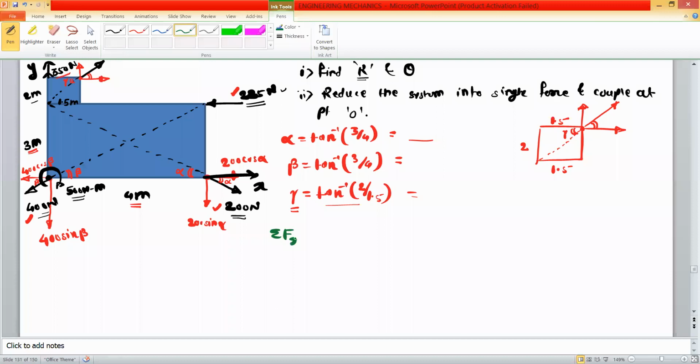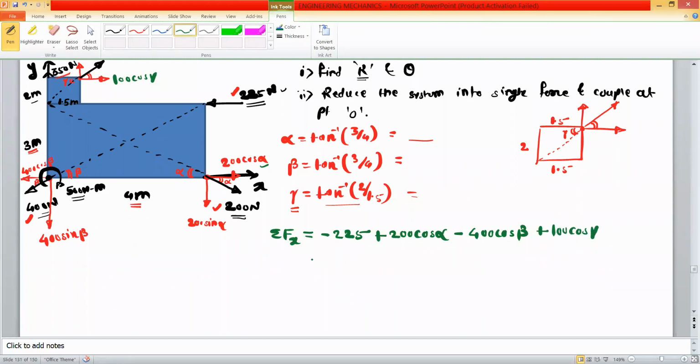So summation fx is equal to, so you can start from the 225. So this is minus 225 along negative x direction. Okay, then 200 cos alpha, so plus 200 cos alpha, then minus 400 cos beta, plus this 100 cos gamma, so 100 cos gamma.